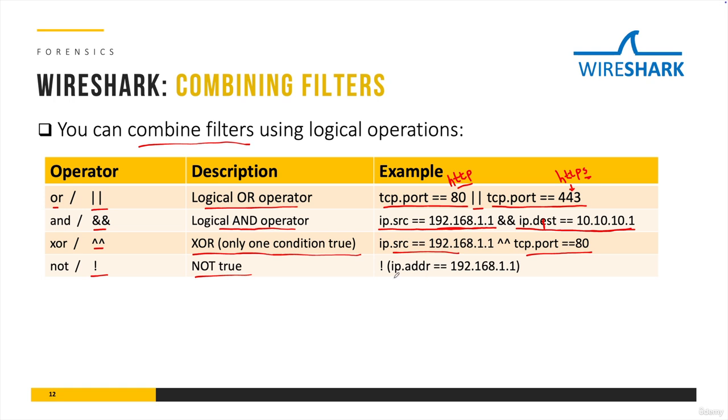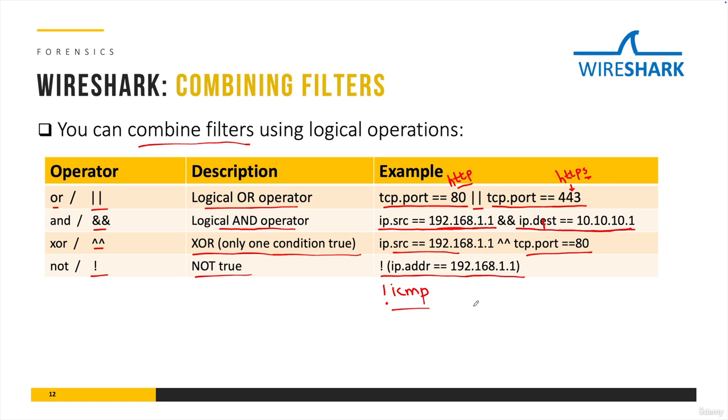So for example, if you want to see all of the traffic except that involving this IP address, then you're going to see all of the traffic that doesn't include this one. Similarly, you can also do, for example, not ICMP, which basically means that I want to see all of the traffic except that involving the ICMP protocol. So lots of different combinations, very powerful.